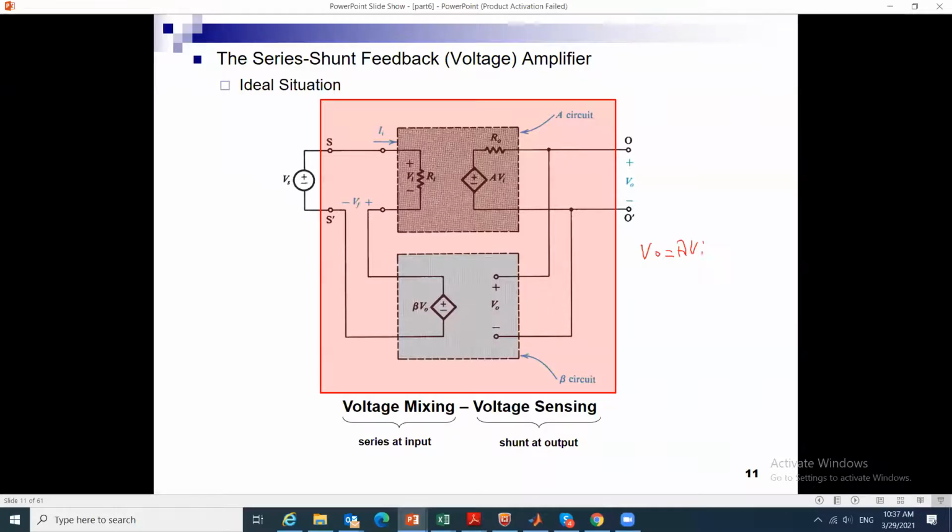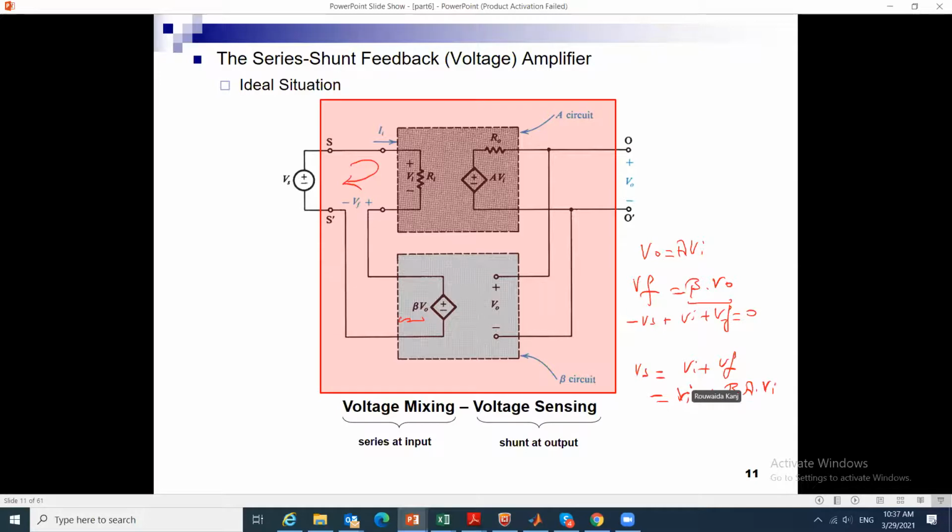I know that VF is nothing but beta times VO. And from this loop, I know that minus Vs plus Vn plus Vf equals 0. So this means that Vs is equal to Vn plus Vf, which is Vn plus beta times VO, which is beta times A times Vn plus Vn.